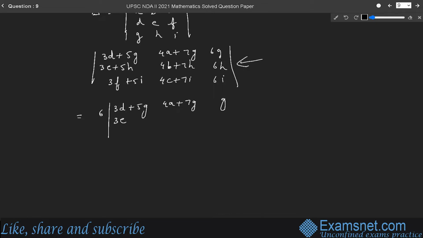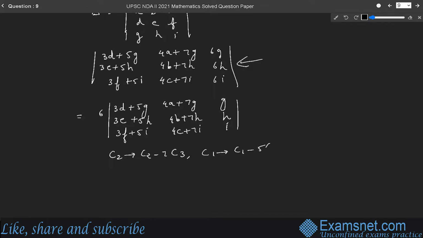The remaining terms are 3E plus 5H, 4B plus 7H and H, 3F plus 5I, 4C plus 7I and I. Now, by applying some expansion here, C2 tends to C2 minus 7C3 and C1 tends to C1 minus 5C3.